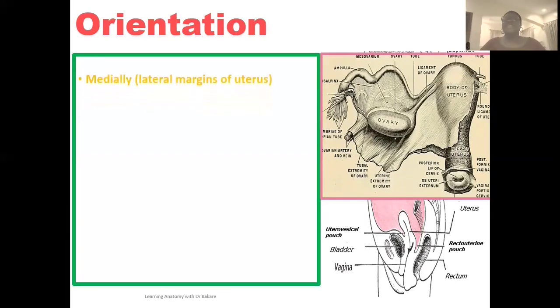So medially, it is seen to be formed around the lateral margins of the uterus. This is where we have the lateral margin of the uterus here. And remember when we started this lecture, we said that the uterus itself is lined by peritoneum. And this peritoneum is seen to merge at this lateral edge. And this is where we then have the emergence of the broad ligament of the uterus.